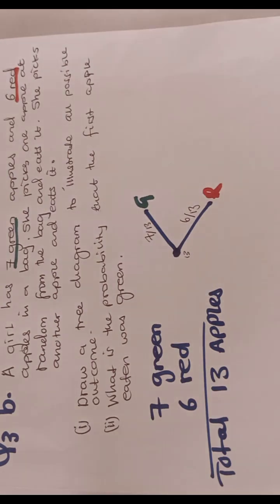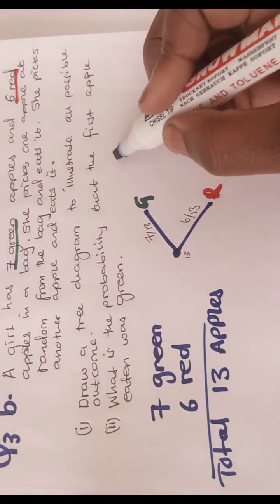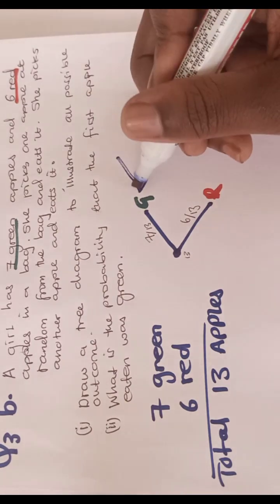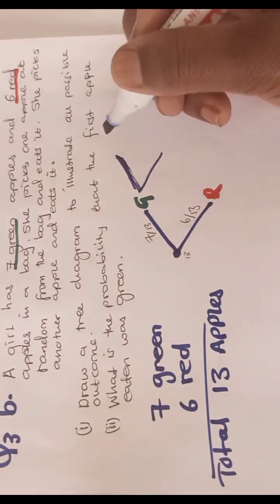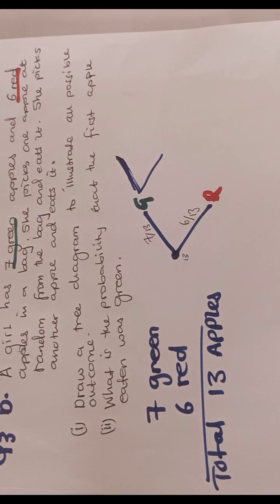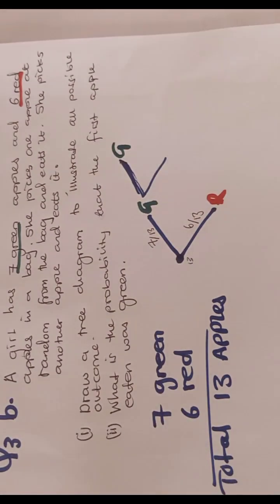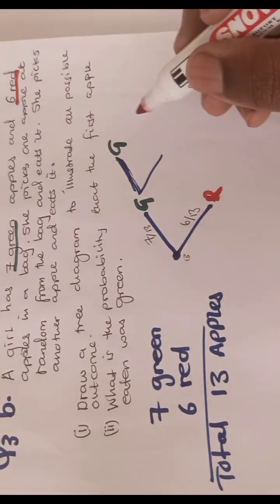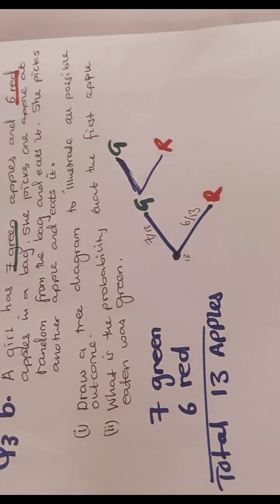Okay, then when you eat an apple, meaning the total is no longer 13, you're going to reduce by 1 to make it 12 in your second selection. Okay, if she picks again, and this time around, again it's going to either be green or red.